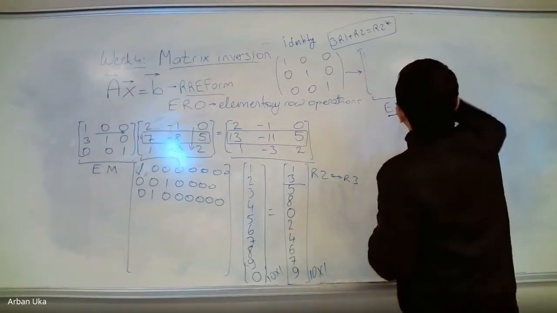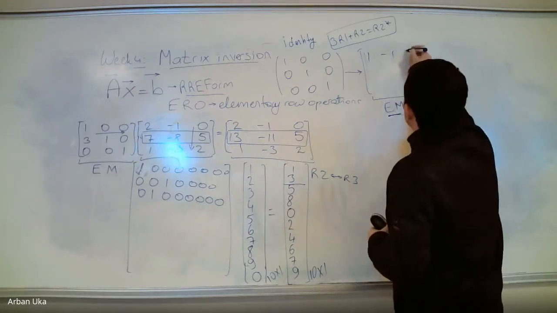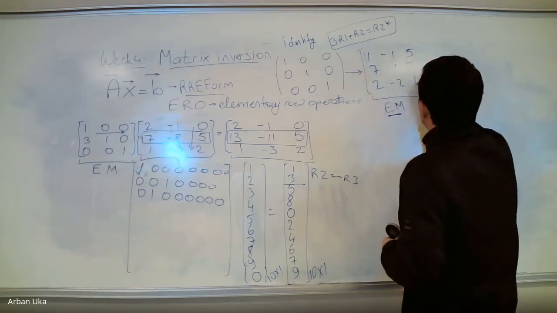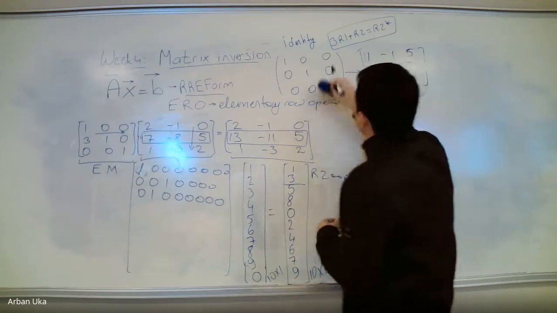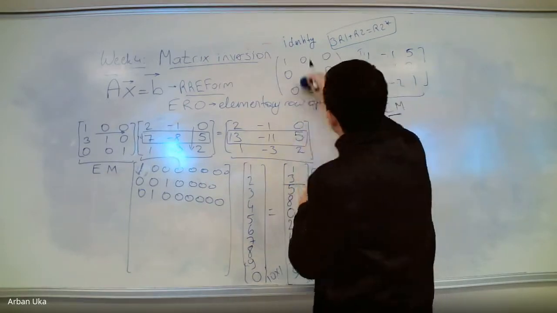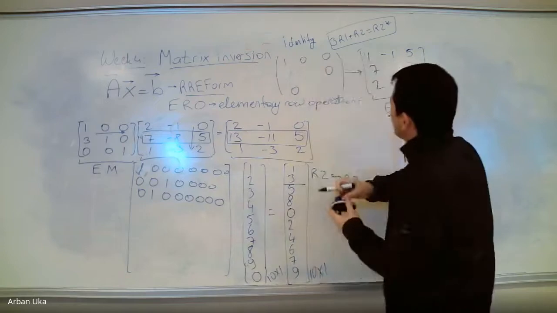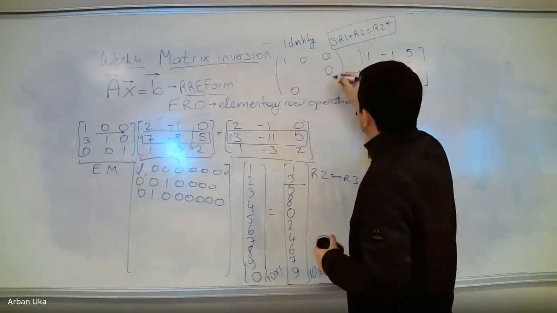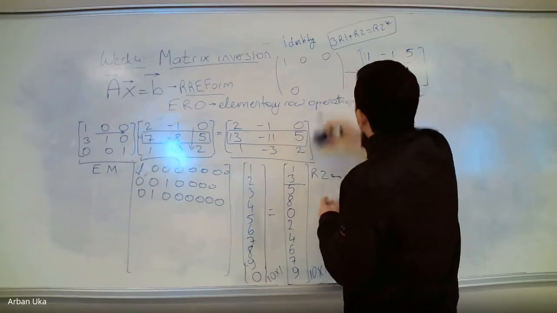Let's assume for a moment that we have here the matrix 1, -1, 5, 7, 1, 2, 2, -2, 1. And let's change here this identity matrix. Row 2 and row 3, how can they exchange places?